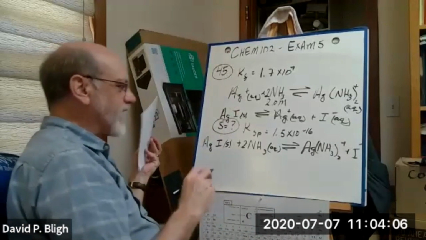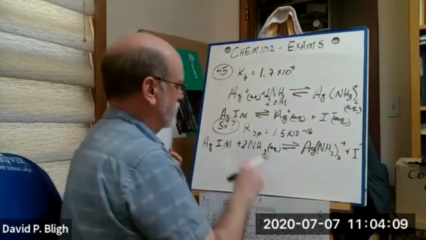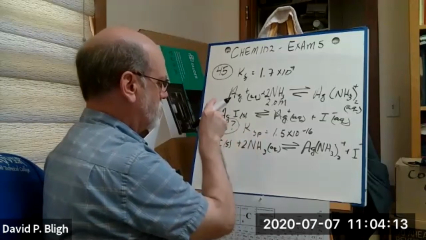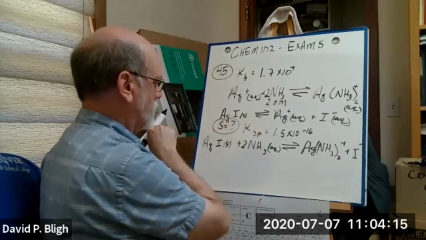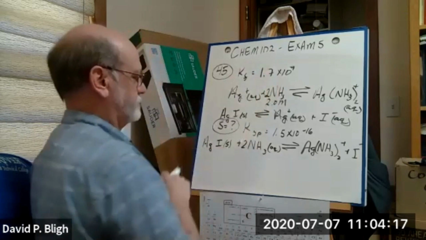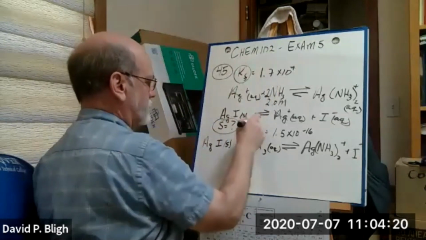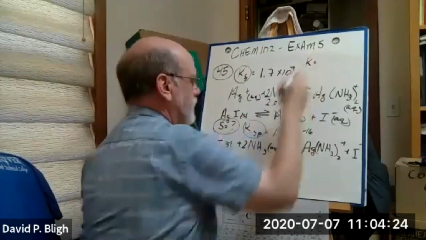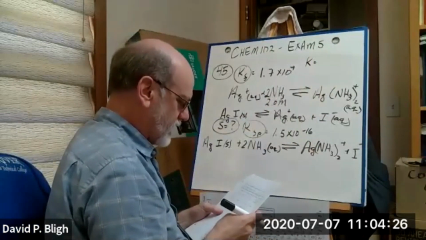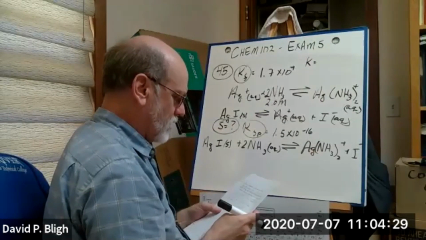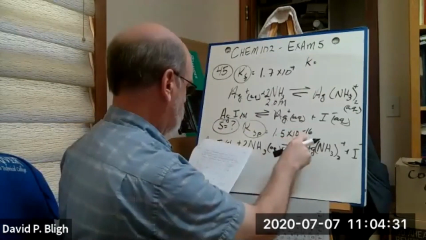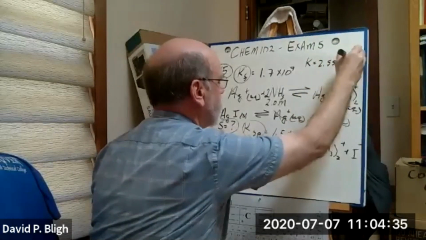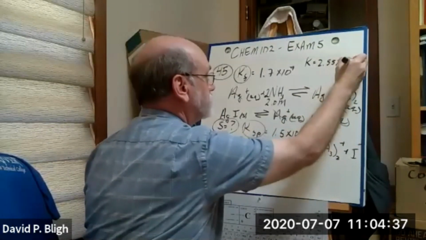The K value for this is going to be this one times that one. That one times that one yields the K for this experiment. So that K is 2.55 times 10 to the minus 9.